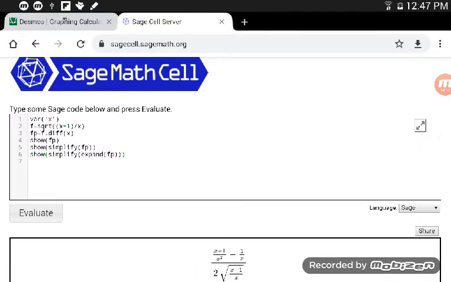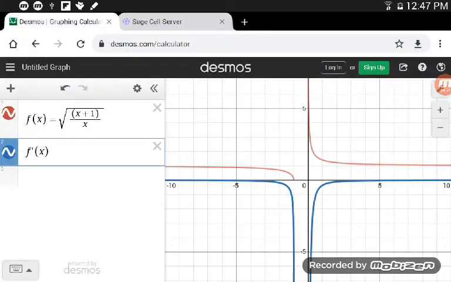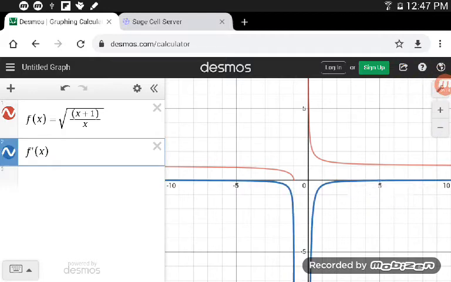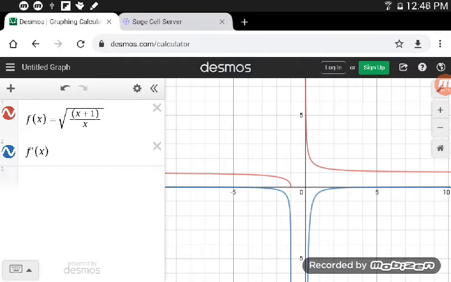I probably want to use Desmos, and here I put our function into Desmos and it plotted it in red. I don't know if I can move that around. No. So my recording thing is sitting right over the graph.